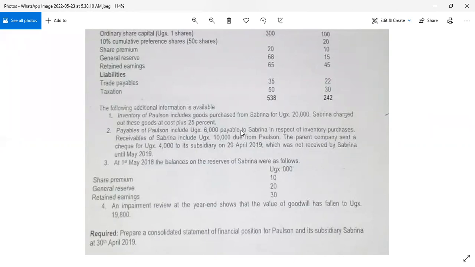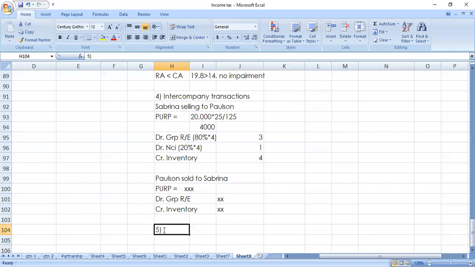The issue is how we go about it. What we do is for intercompany balances. This is still working number 4, but probably part B. Still intercompany, but these are balances. So for intercompany balances, you identify that you have a payable.